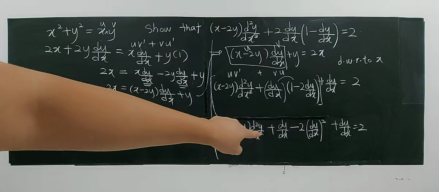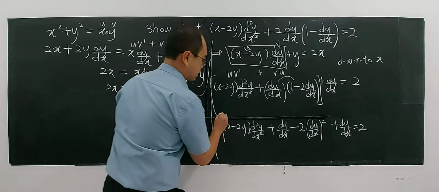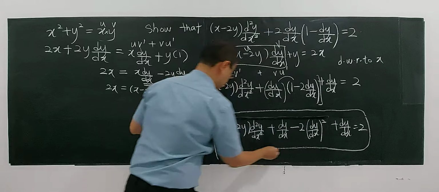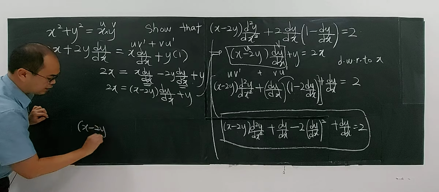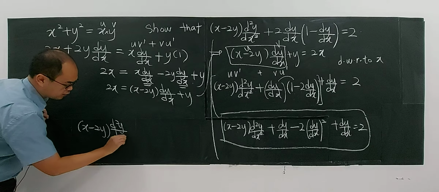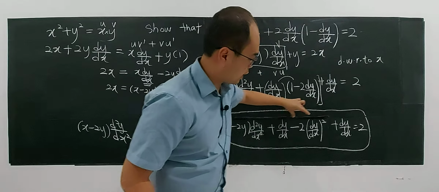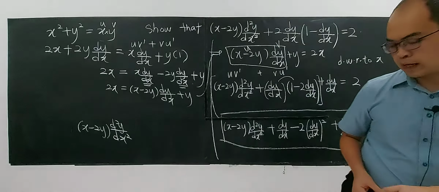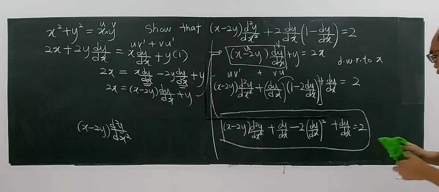Now I'm going to prove this. Let's look at this line here. You will have (x minus 2y) d2y/dx2, and you can see dy/dx plus dy/dx.